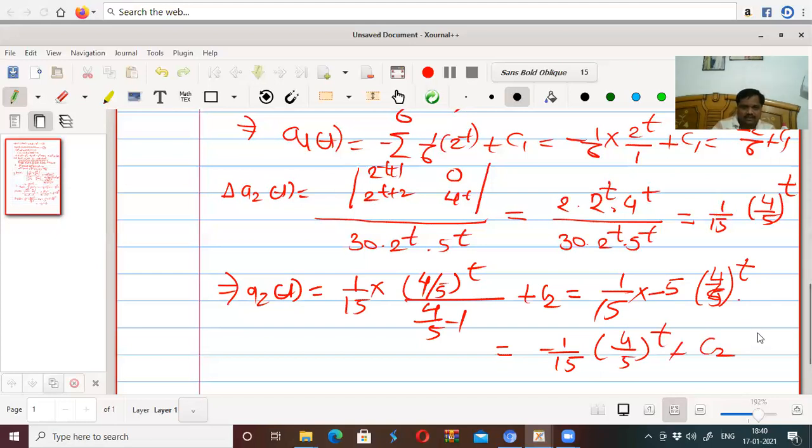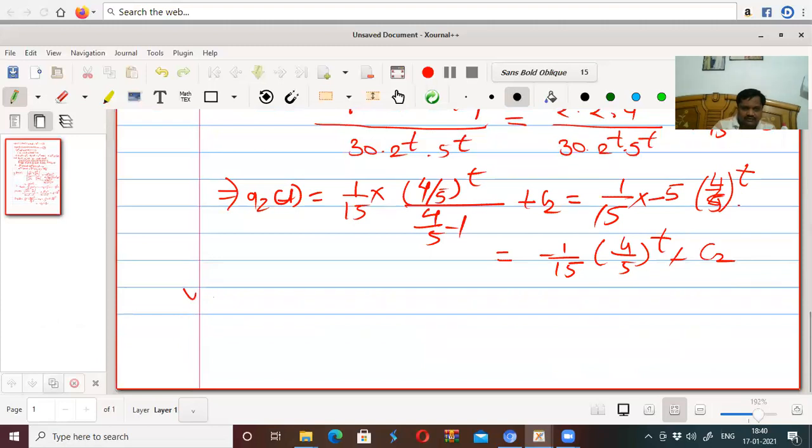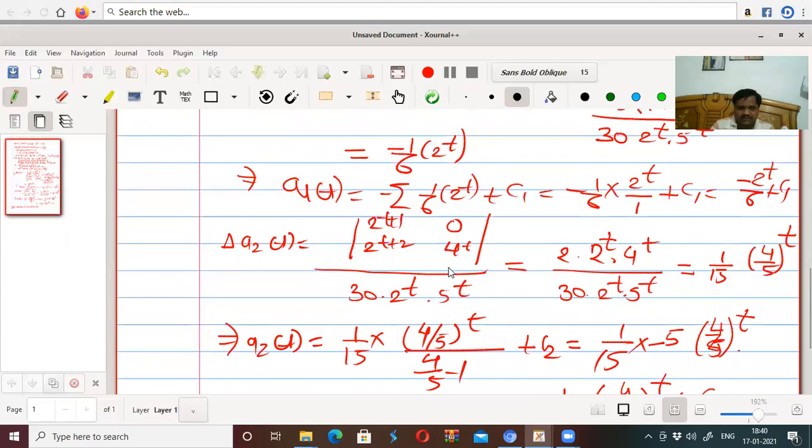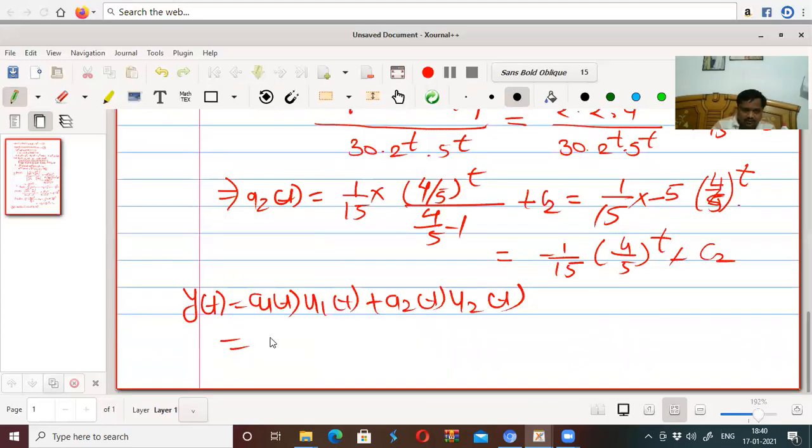And thus yt gives A1t U1t plus A2t U2t equal to, what is A1t now? A1t is minus 1 by 6 2 to the power t plus C1, into, what is U1t?